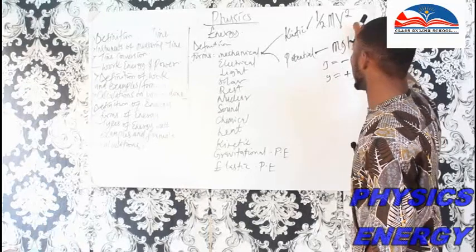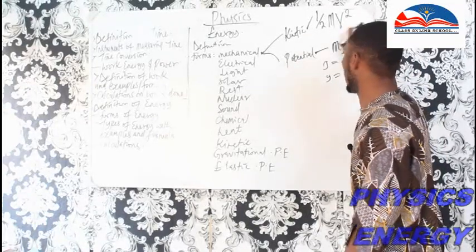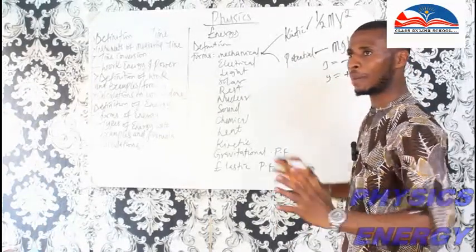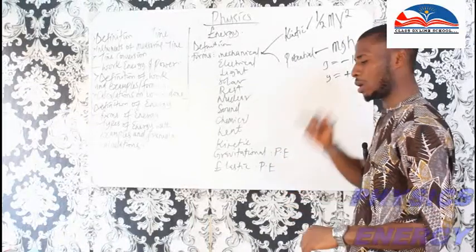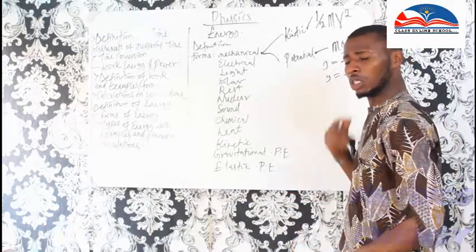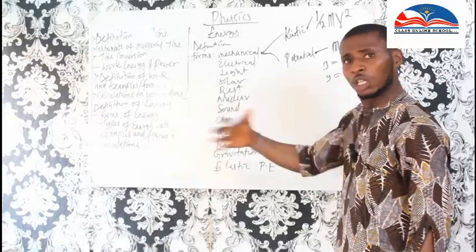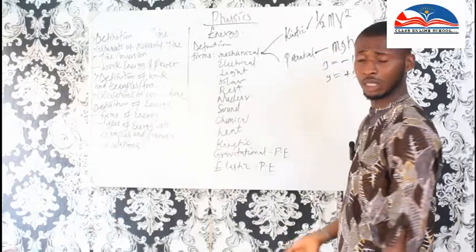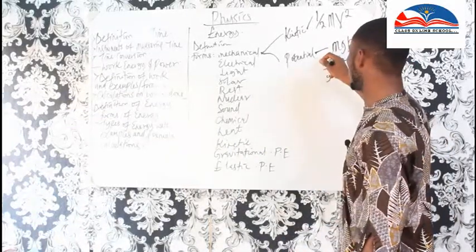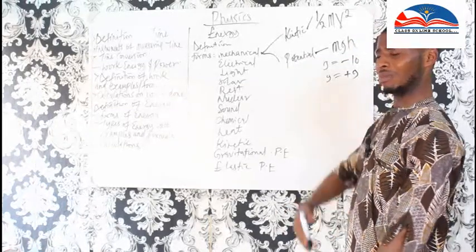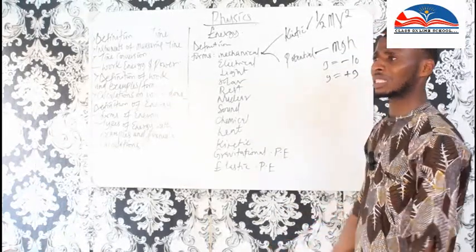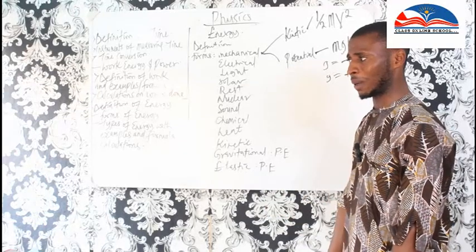Now, here at kinetic energy, we are not talking about acceleration, we are talking about velocity, because the motion is what we will use to calculate the energy. Now, at this point, it is the acceleration, whether it's accelerating or it is at a particular point.